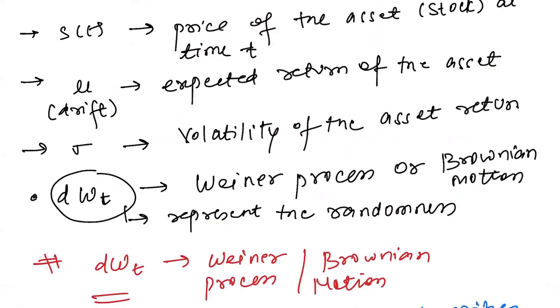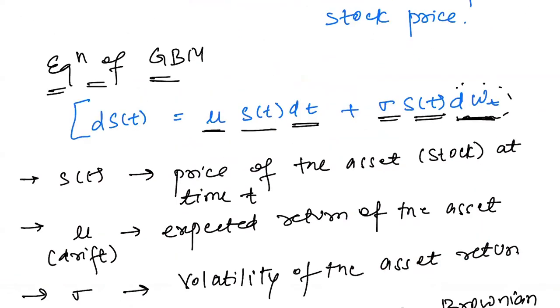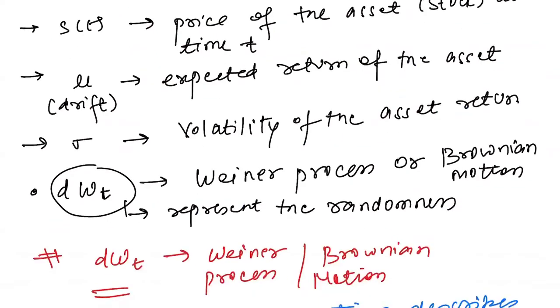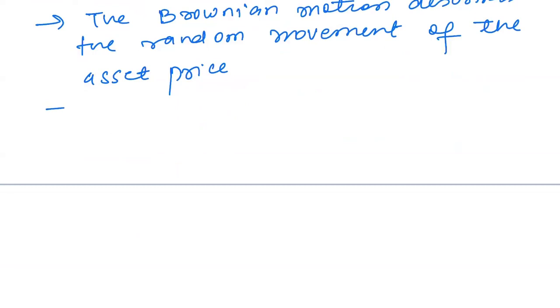So see, we cannot use this equation directly. We need to solve this equation. So how will we solve it? When you study quant finance, there is a concept taught in the classes of stochastic calculus, that is called Ito calculus, right?